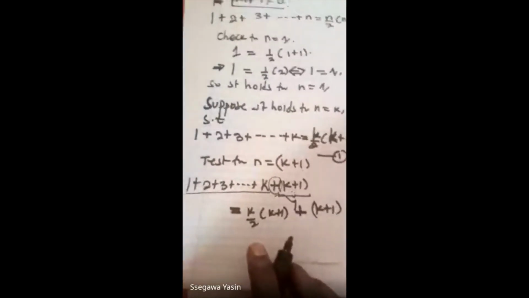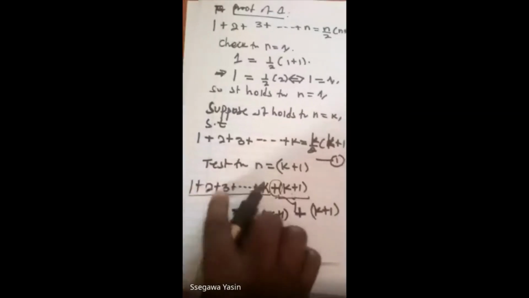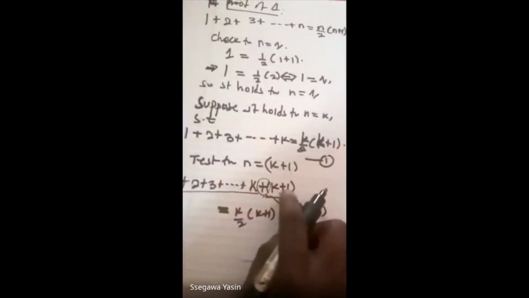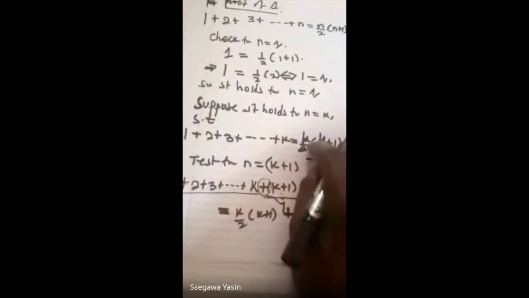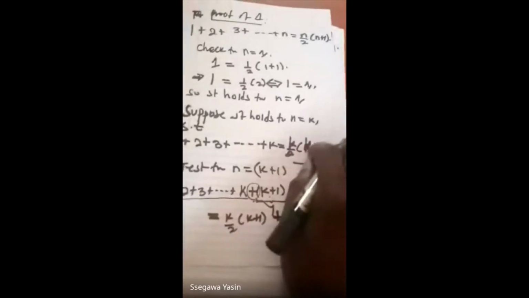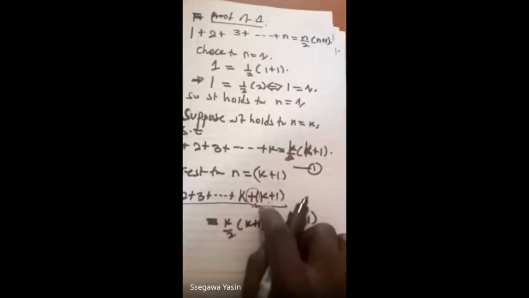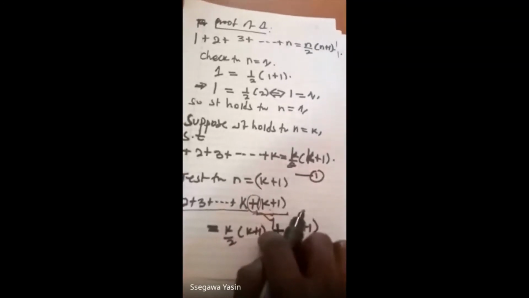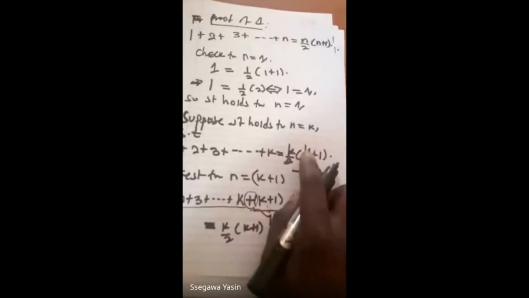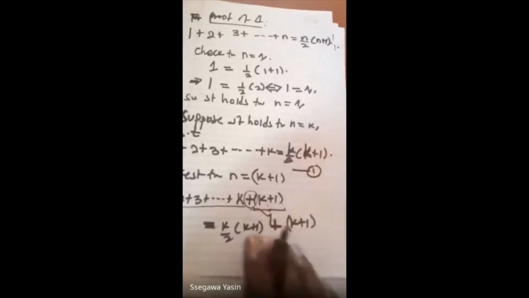We are supposed to show that after adding this, we should get the same expression as if we have substituted in k plus 1 here in equation 1. So we simplify this expression to show that it resembles as if we have substituted in k plus 1.